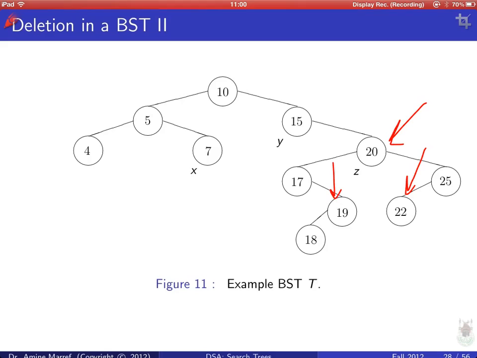Now the third case, we have to find the node, that's big O of h, and then we have to do what? We have to find the Inorder predecessor or Inorder successor, right? How long does it take to find any of them?